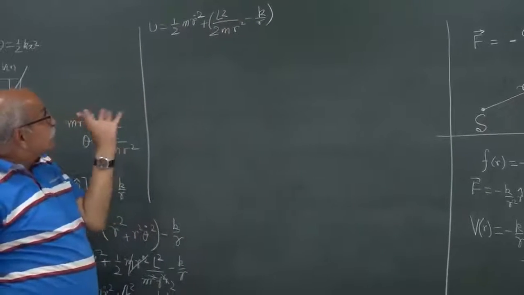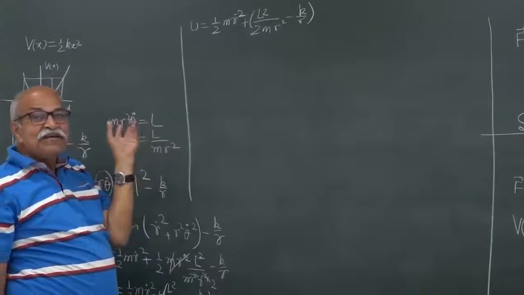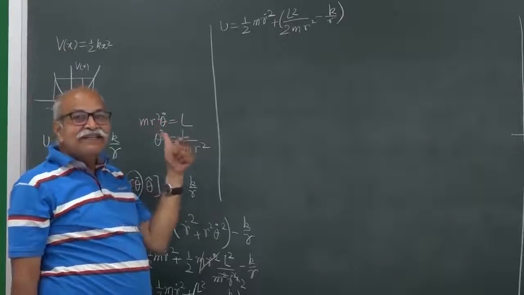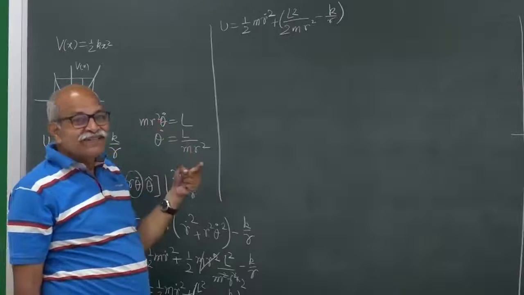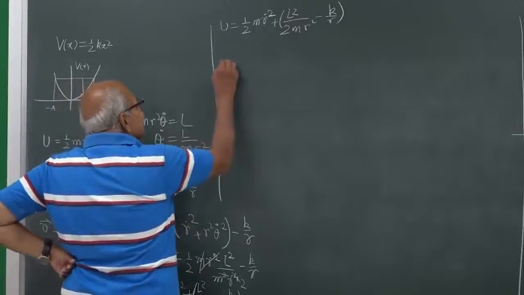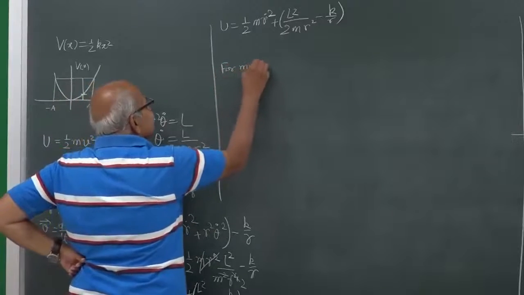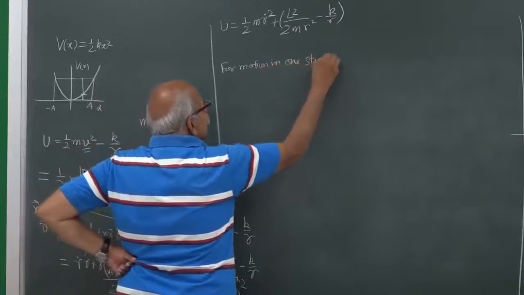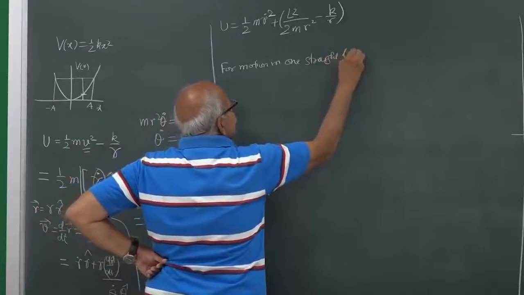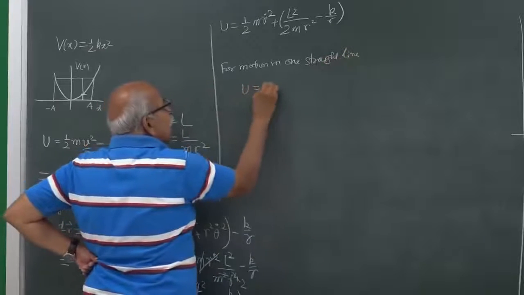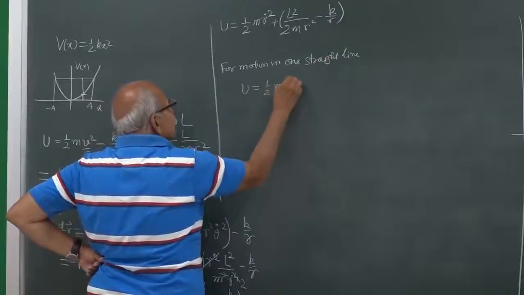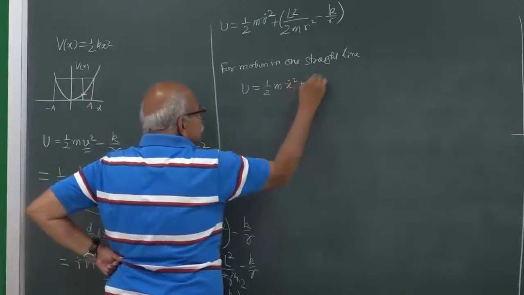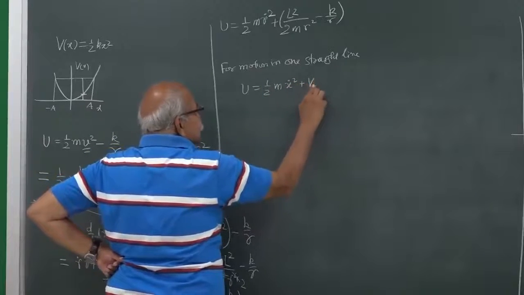Now, I have only one variable r, not x and y. So, it resembles motion in one straight line. There we had, for motion in one straight line, U is equal to half m x dot square, and then the potential V of x.